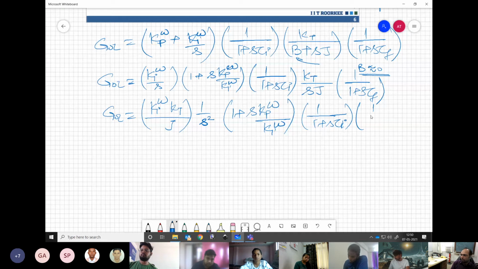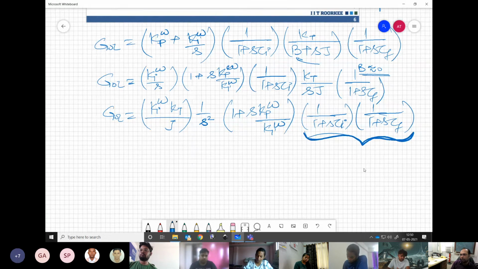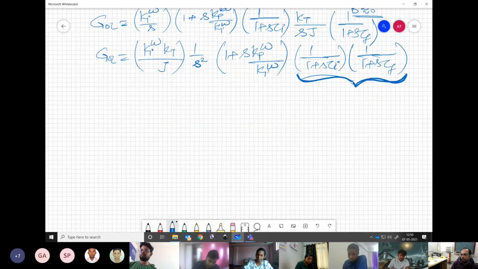Any problem in this? Now again, see here we have two different poles coming over there. So similar to what we did for our flux poles, we can do a similar thing over here. Tau I is much faster. Tau F generally corresponds to a 10 Hertz filter, so a much slower pole. So either you can approximate this as only this term or a sum of these two. Whichever way you prefer. So let me write this again.